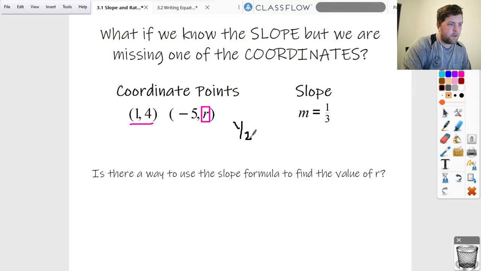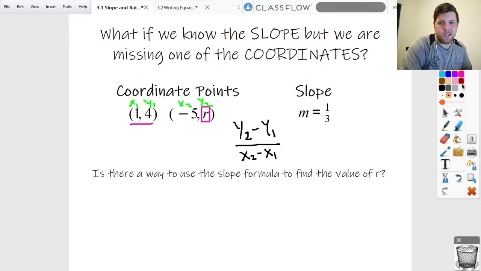Because we know the slope is y2 minus y1 over x2 minus x1. So we can still take these points, if we've got x1, y1, and x2, y2. I can plug in what I know. So y2 is r, y1 is 4.